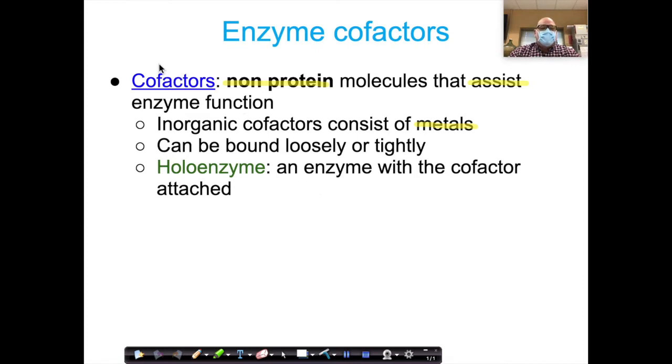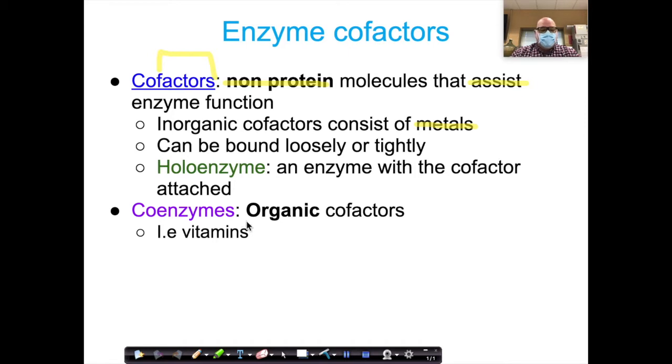So there are cofactors, and then there are coenzymes. Okay, coenzymes are organic cofactors, and vitamins are the most common one.